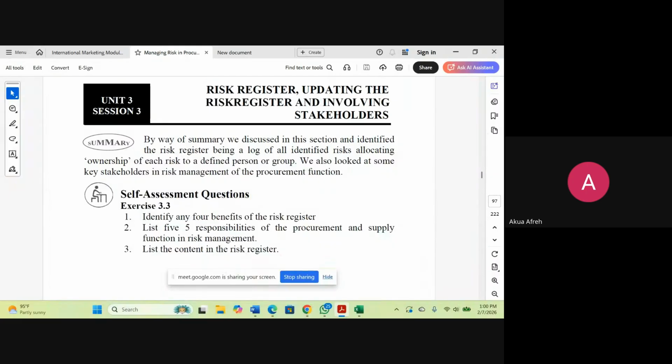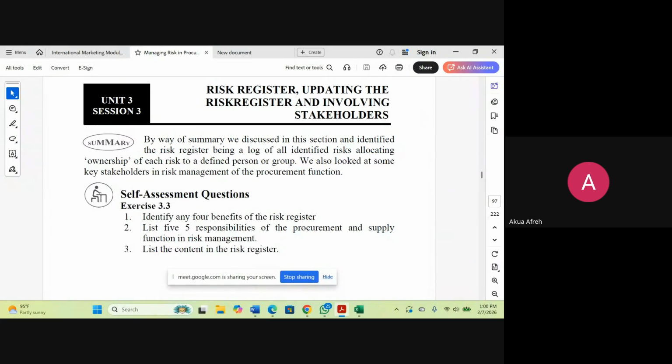And somebody also talked about responsibility or commitment. So we have shared responsibility. We know that risk mitigation is not just a job for the procurement people, neither is it just for management, but it requires cooperation of all the partners involved in risk management.